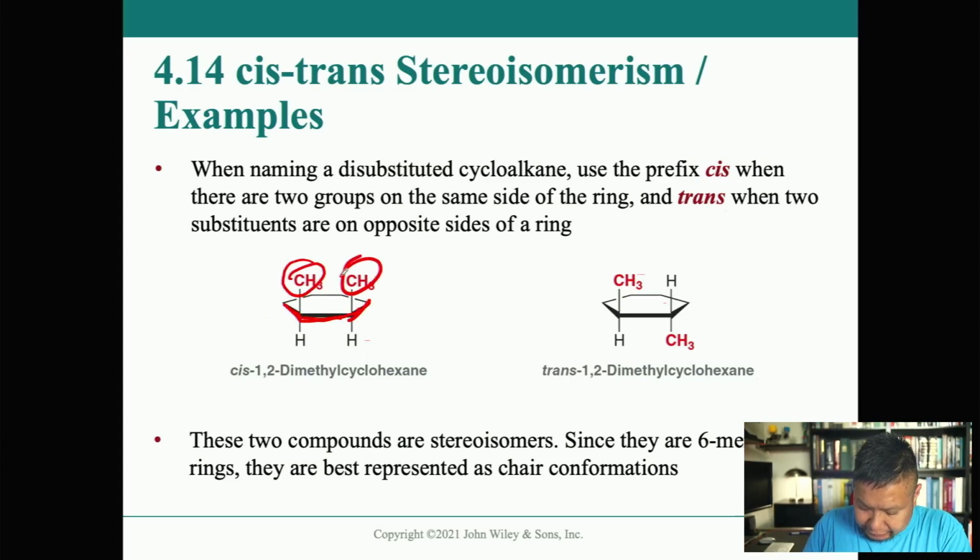But the trans-1,2-dimethylcyclohexane has the methyl groups on opposite sides. So that's trans. These are called stereoisomers, by the way, and we'll get into that a little more later in this lecture.